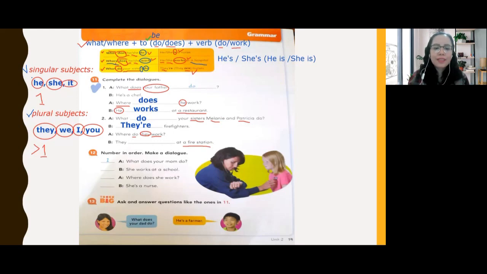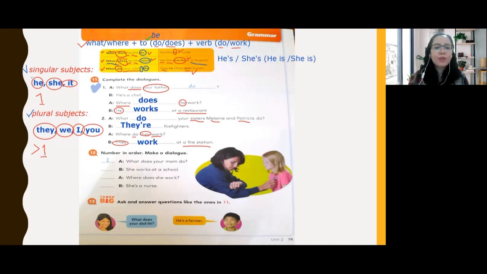Since we are using subject they here, yeah, so we're gonna use work. Okay. It's easy, right? If you follow from the beginning, you are able to know how to do this kind of exercise.